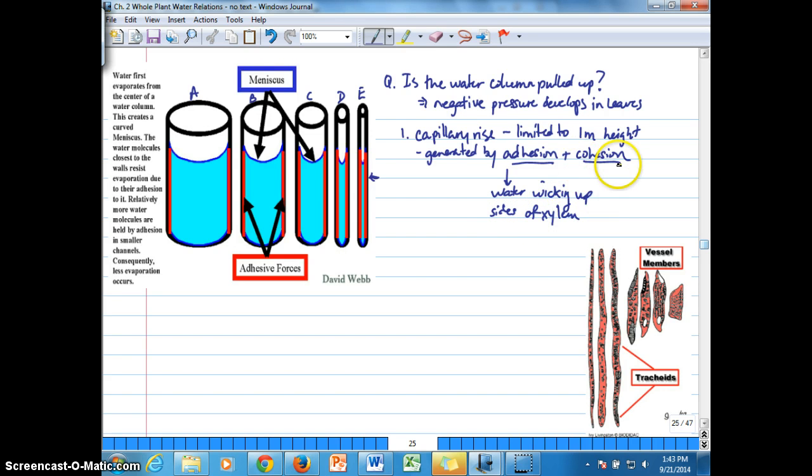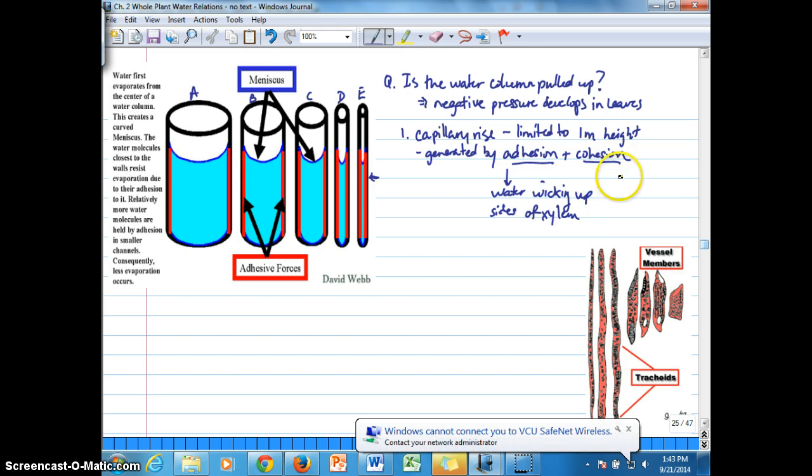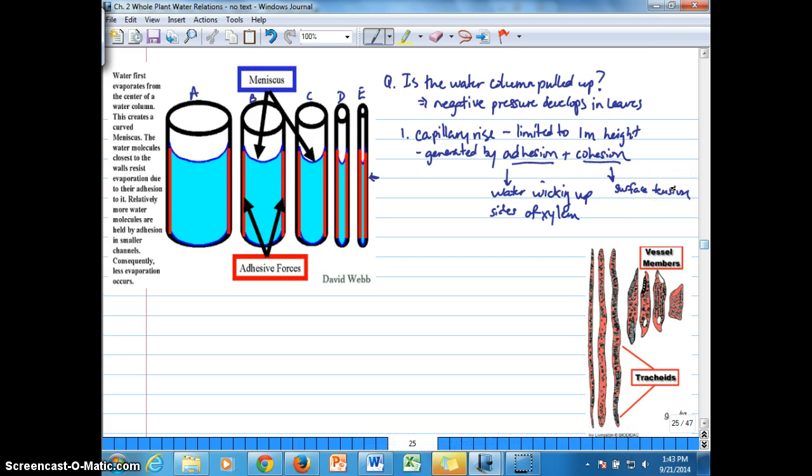And cohesion is the attraction between the water molecules themselves, which is going to generate the surface tension, or the tension in the conduit there. So the combination of these two, water wicking up the sides, but the air-liquid surface being more attracted to the liquid than the air, creates tension or negative pressure. So water tends to be pulled up because of that.